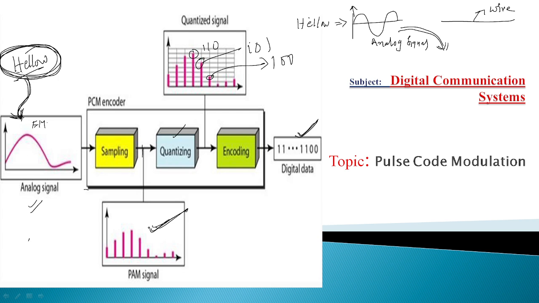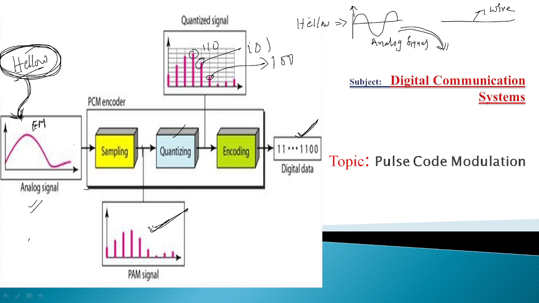But if you want to transmit for long distance communication, of course we need to go for modulation, analog modulation if we want to transmit an analog signal. But here I need to go for digital communication, digital transmission. So that's the reason we need to convert this analog signal into digital.